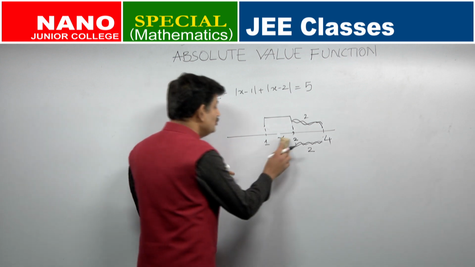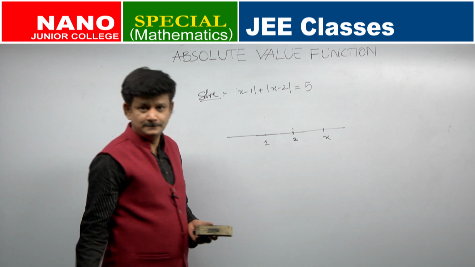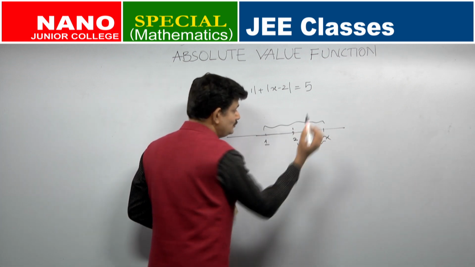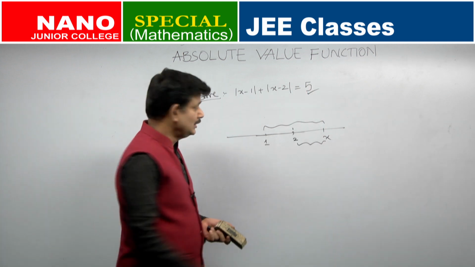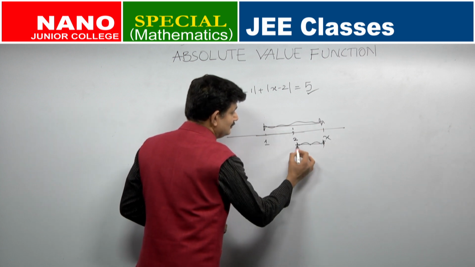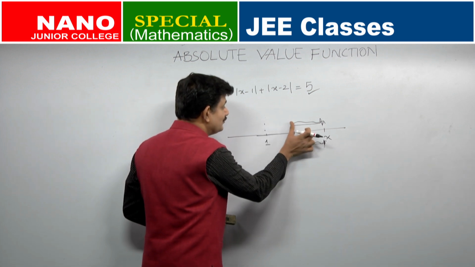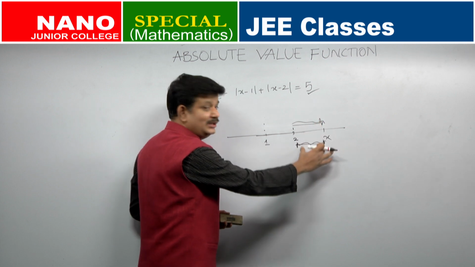Is it clear? Let me do it again for you. I want a number sum of whose distances from 1 and 2 is equal to 5. This distance plus this distance, I want it to be 5. So, this part I already know it is 1. So, this distance plus this distance should be 4.